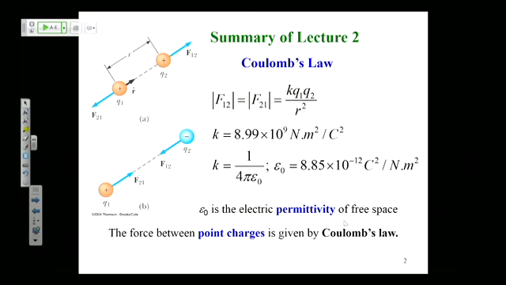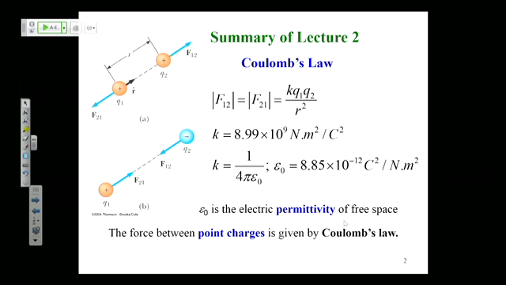Then we learned that point charges act on each other by mutual forces that can be attractive if the charges are not similar, and the forces can be repulsive if the charges are similar in type.